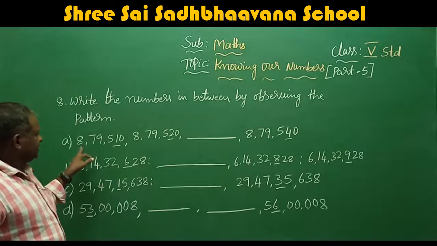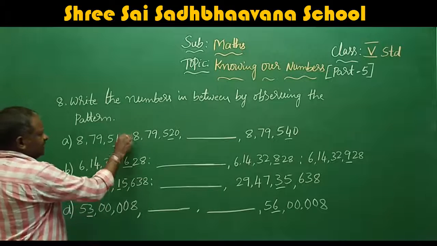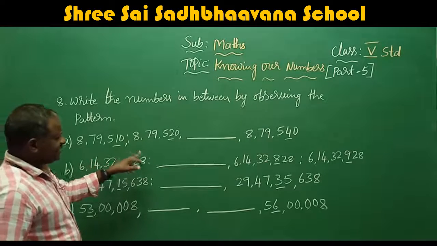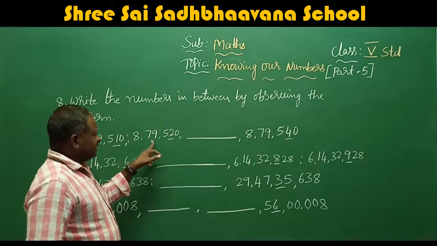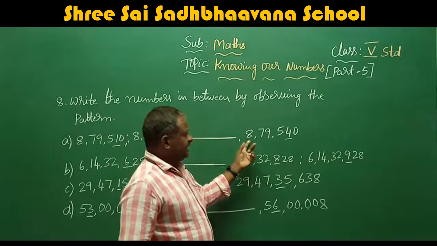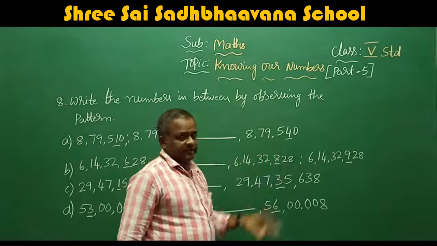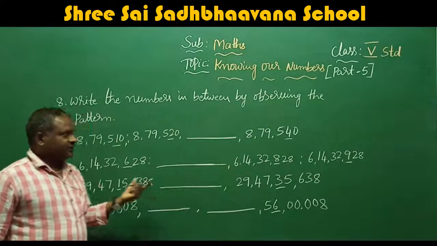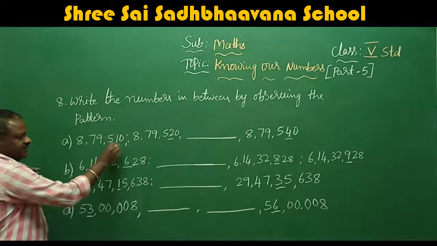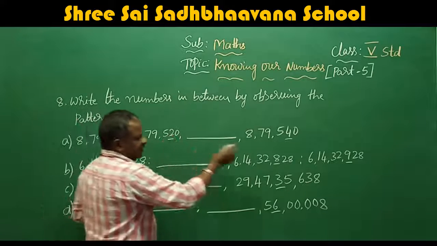First one. What is the first number? 8,79,510. Second number is 8,79,520. The third number they have not given, the next is 8,79,540. What is the third number? How much is it rising? 10, 20, 40.